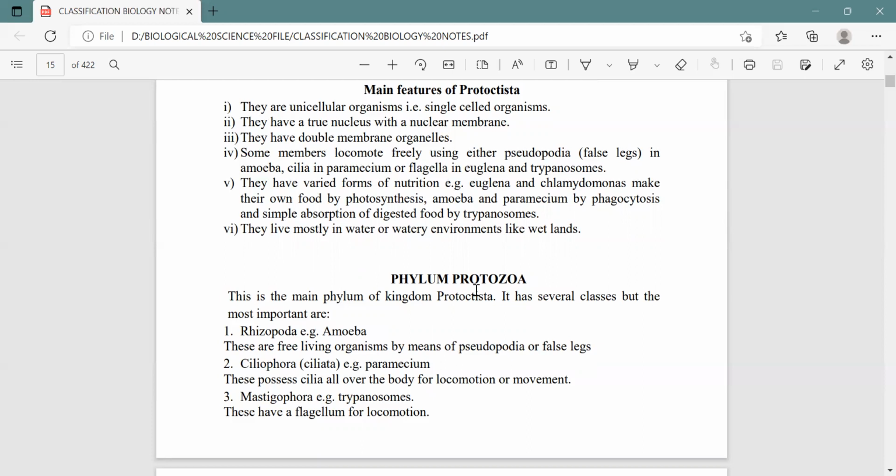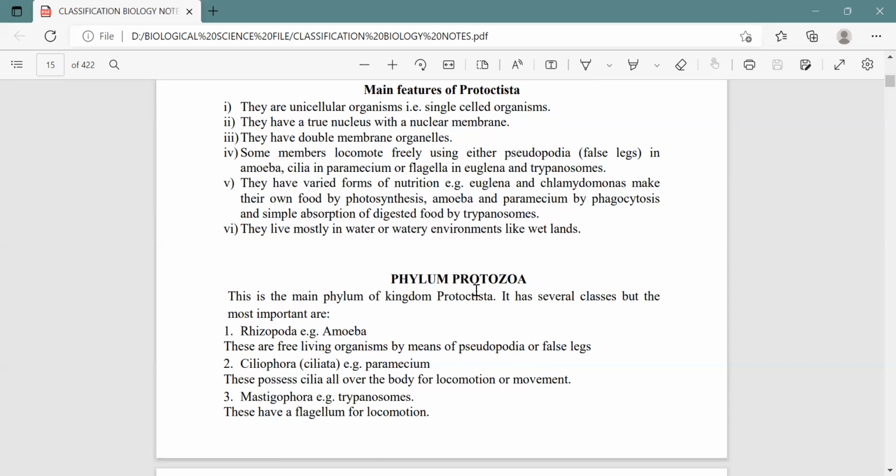They feed by phagocytosis, where a food particle, which can even be a germ, is surrounded and enclosed, or what we call engulfed.